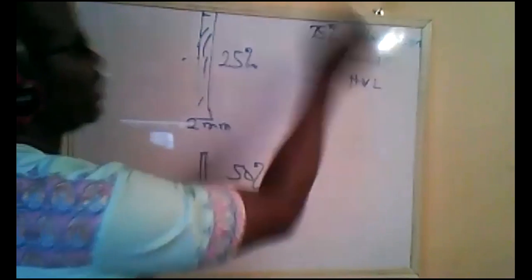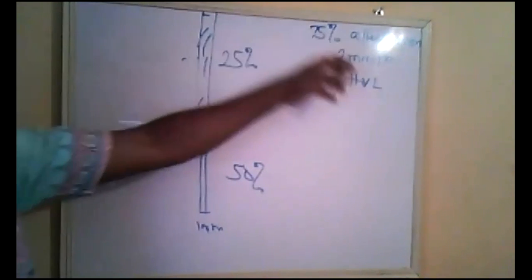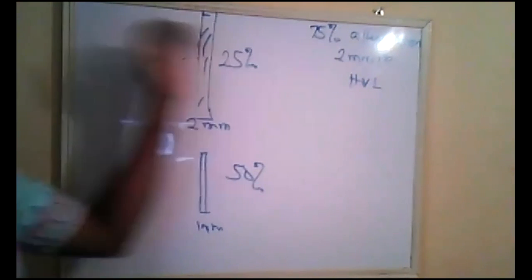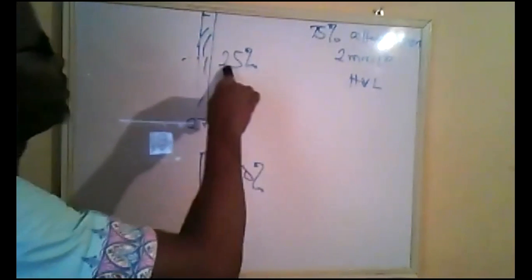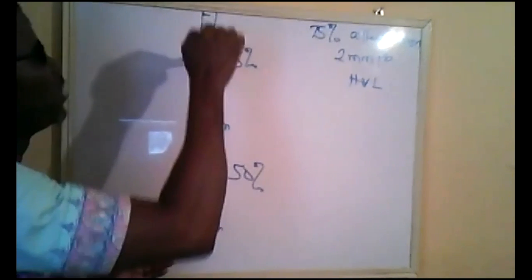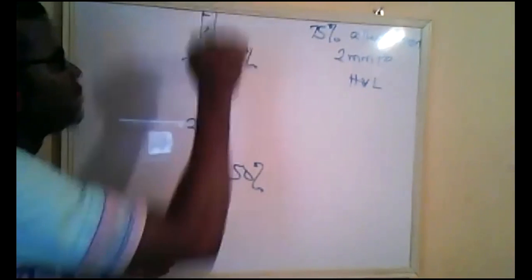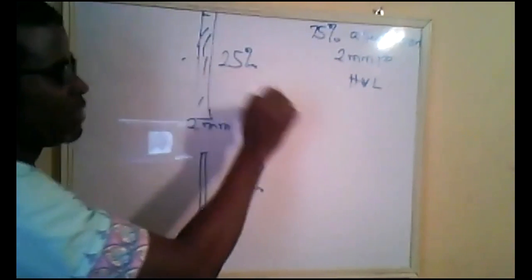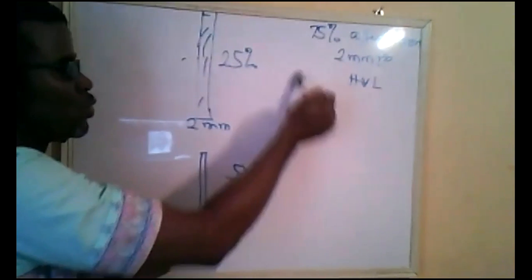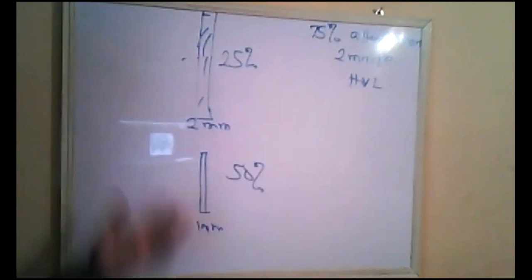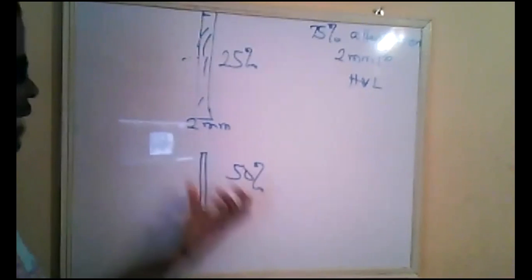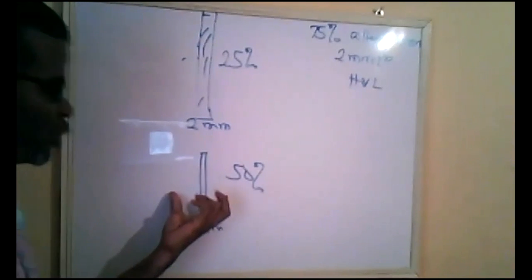75% was attenuated by the attenuator. So it means 25% was transmitted, 75% was absorbed, leaving just 25% of the X-ray photons to pass through. That is what the question gave us. But HVL, we know it to be that amount of attenuator that will absorb 50%.